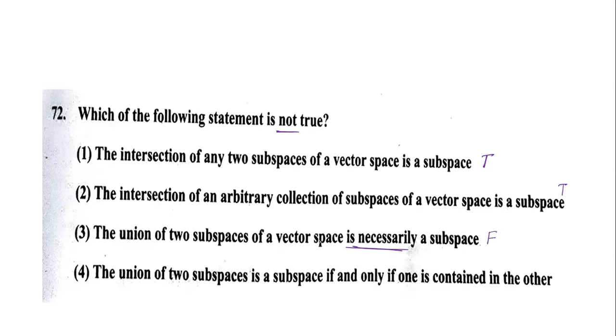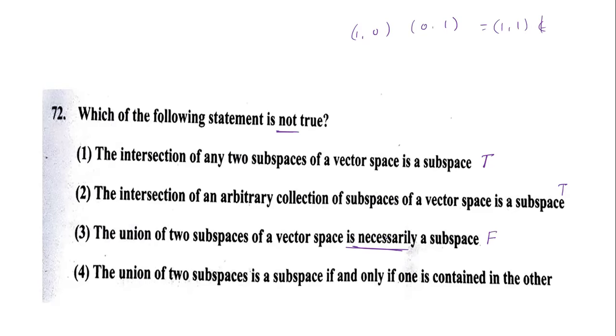This is false. You can take a small example. For example, (1, 0) and (0, 1). If you take the union of these, we get (1, 1), but (1, 1) does not belong to any of these.